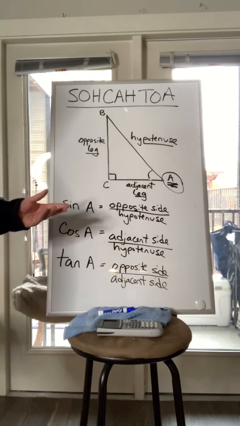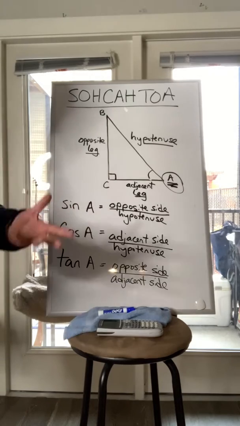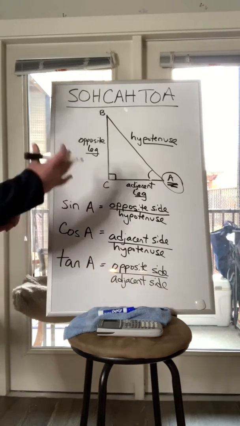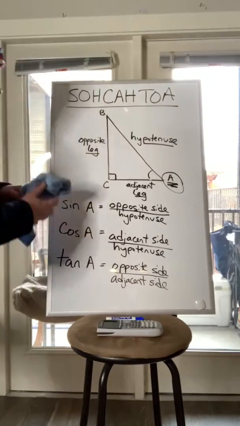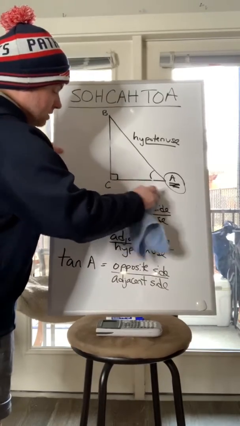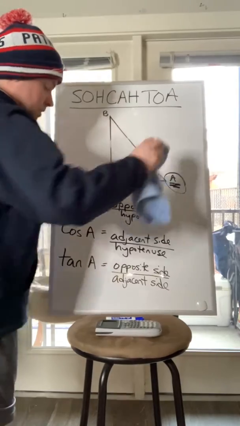Okay? Now, with that in mind, let's talk about how does this actually work? How do we actually put this into play? Well, let's give these sides some lengths. So let's say, for example, that I labeled the sides with lengths. Okay?